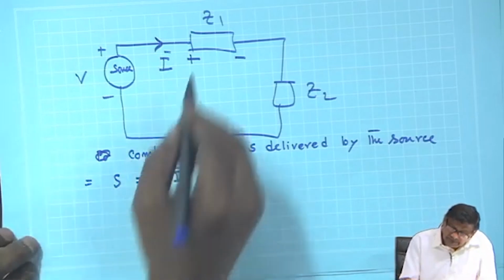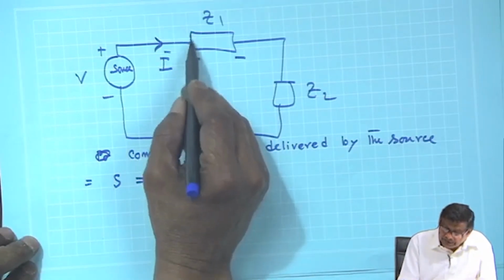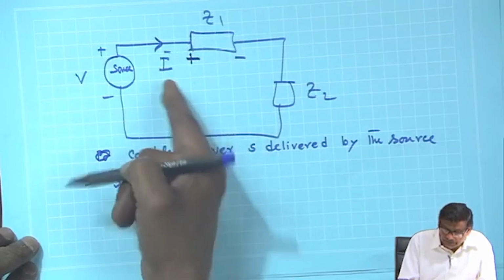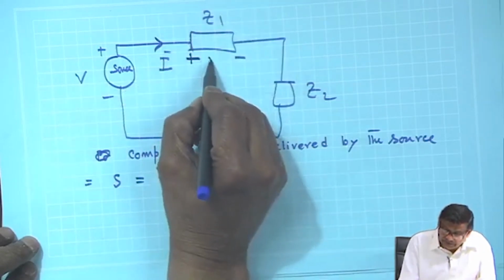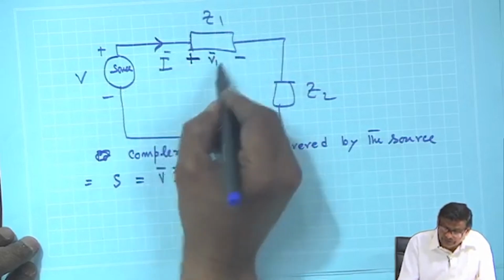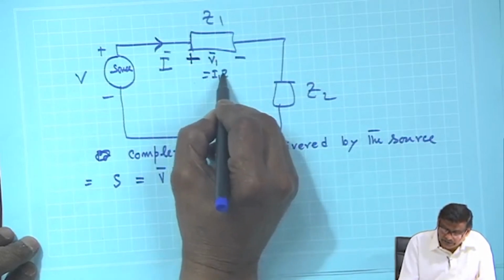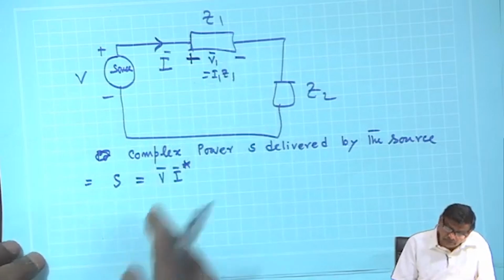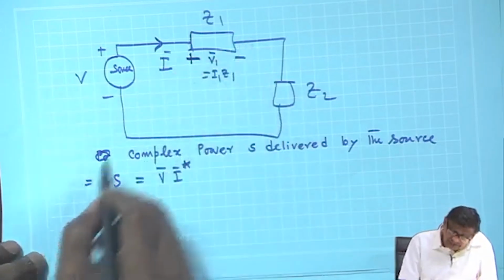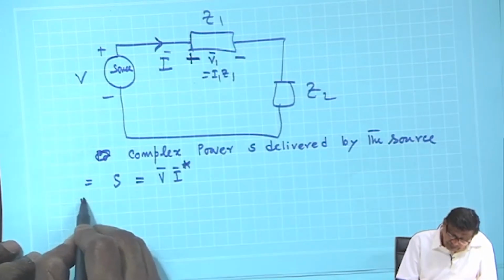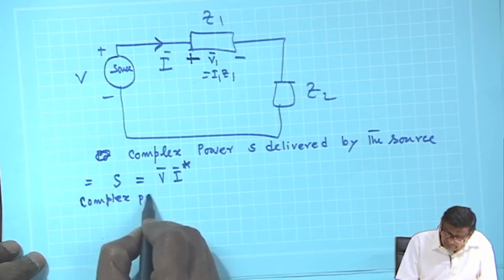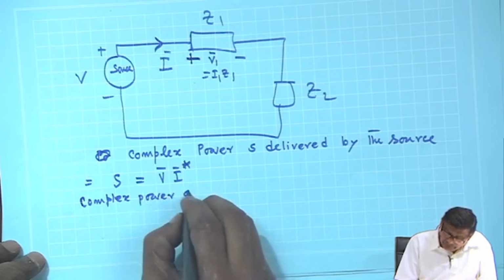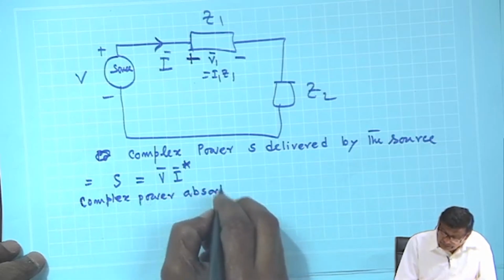Through this element, because of this assumption, the voltage drop is V1, which is equal to I Z1. So, I will write complex power absorbed. Why absorbed?